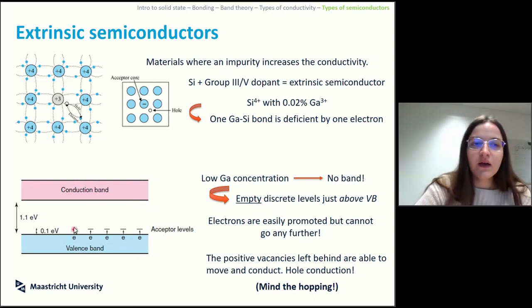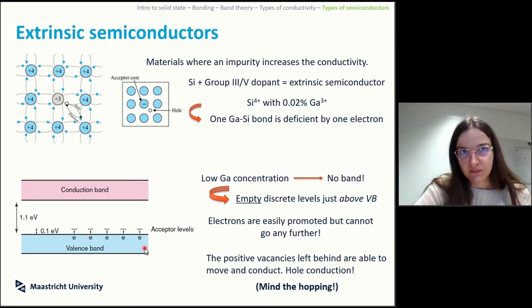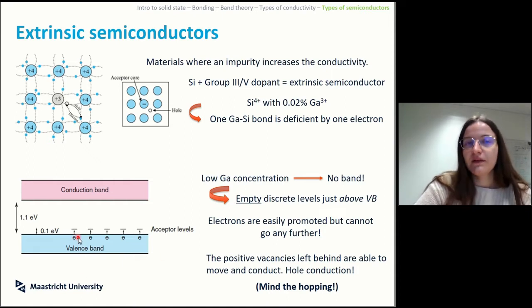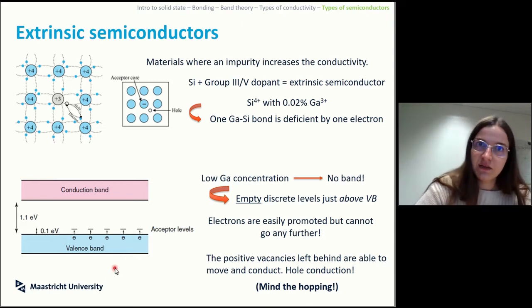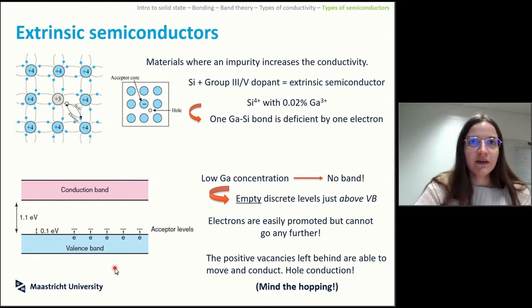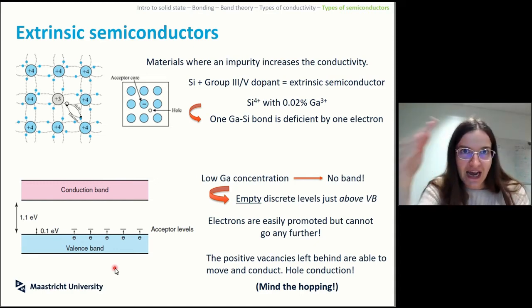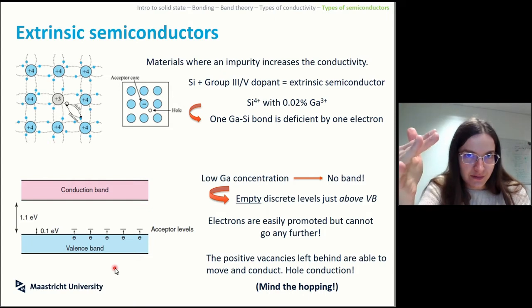But the thing that they leave behind is the actual holes. So the absence of electrons down here makes this thing hole conductive. So the absence of an electron actually makes positive holes left behind in the valence band that can conduct electricity. Conceptually speaking, a hole does not exist.